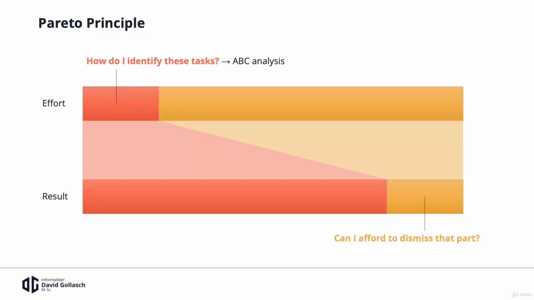And there's the question if it's okay for you to dismiss the missing 20% of the result for a more efficient way of working. If you say, okay, I don't need that 20% of the result, and you are able to clearly identify the 80% of the effort that you can dismiss, then you're fine.